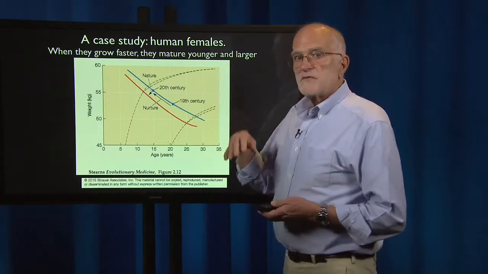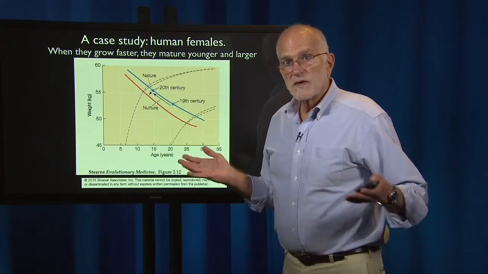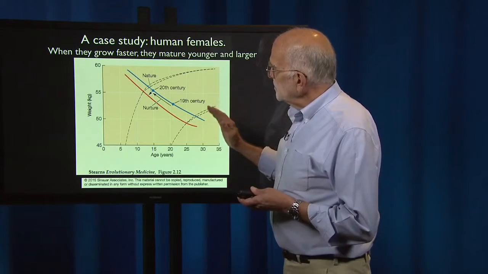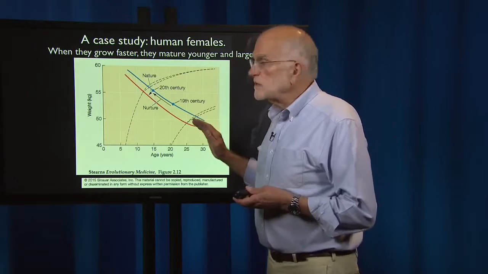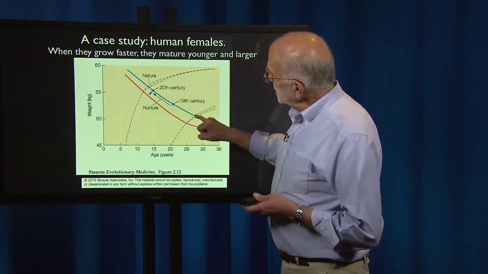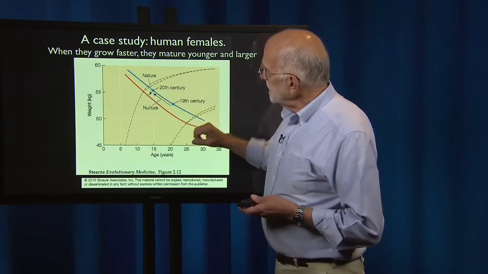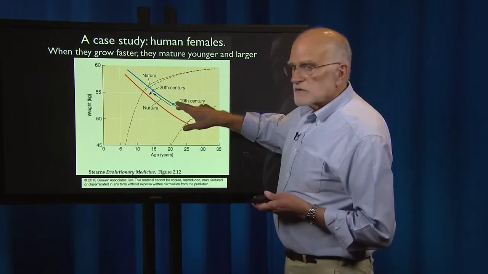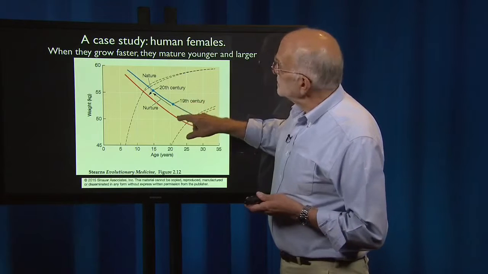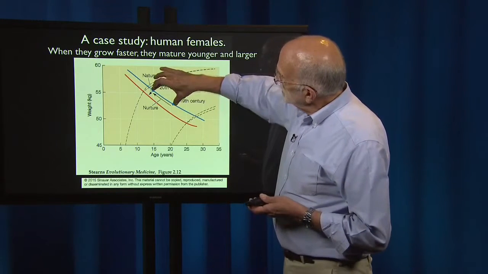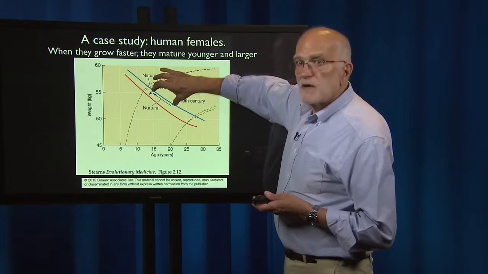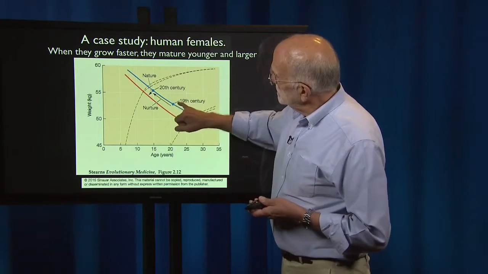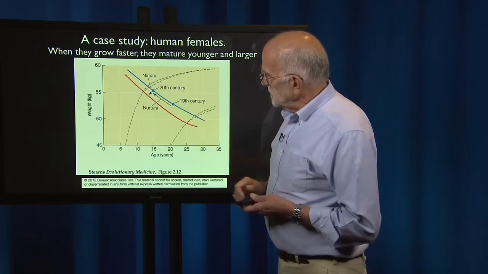So if you use that framework that you saw with the equation and the example from the lizard, and you ask what is the optimal reaction norm for maturation in humans, it is this blue line here. And if you put in the correct estimated parameters for the 19th and the 20th century, this model predicts about a 4, 5, 6 year shift in age at maturation, age at first birth.